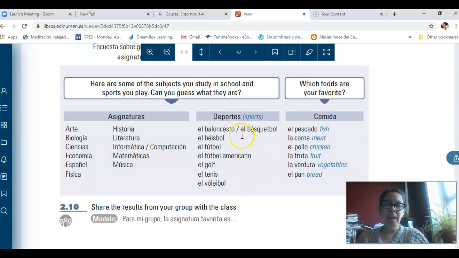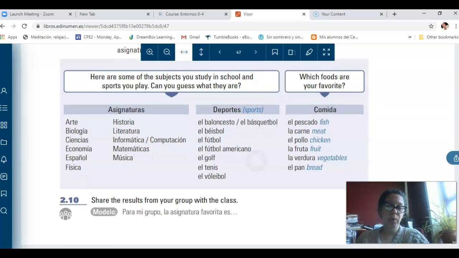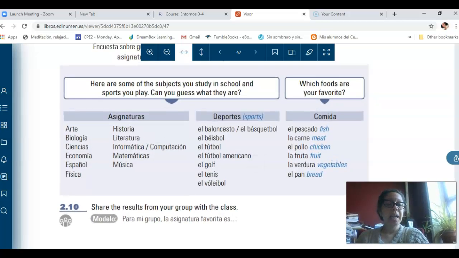Okay? Bien, and then here, deportes, el baloncesto o el básquetbol, el béisbol, el fútbol americano, el golf, el tenis o el voleibol. And then la comida, el pescado, la carne, el pollo, la fruta, la verdura, el pan. Again, do not go to the dictionary to get your fancy response.